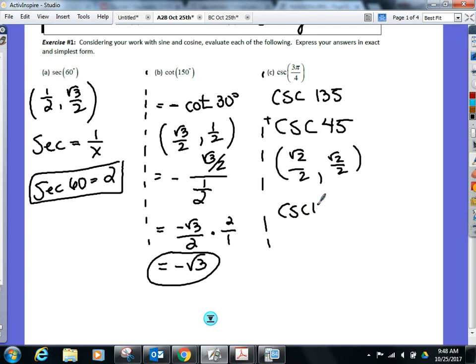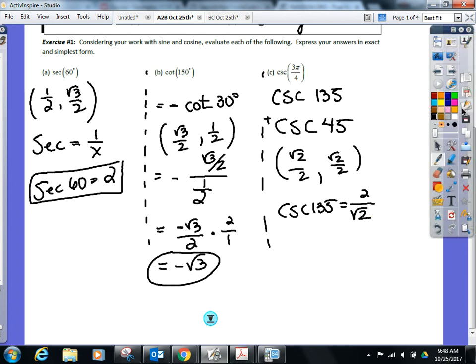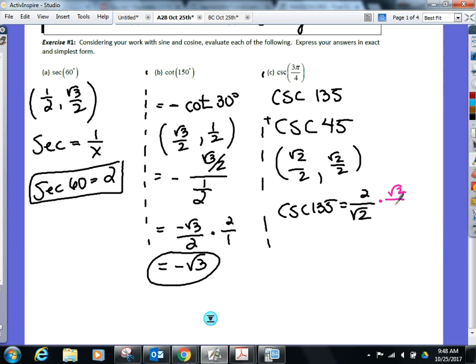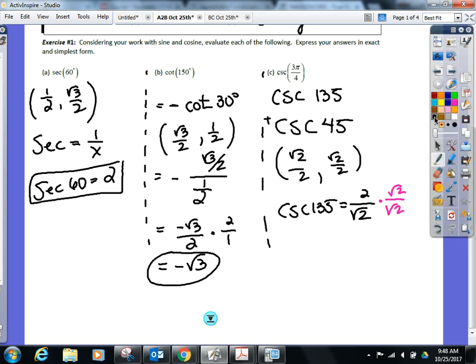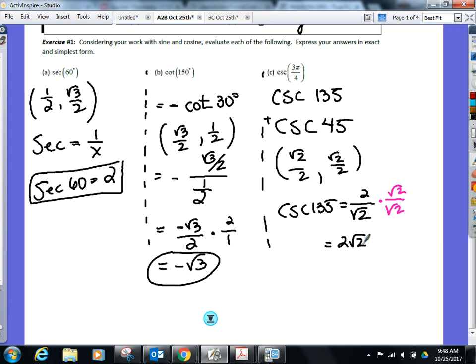So the cosecant of 135, take the y coordinate and flip it, but rationalize the denominator. Multiply top and bottom by radical 2. 2 radical 2 over 2. Leave it or do anything? I don't know. That's why I'm asking you. Good. And you're just left with radical 2.